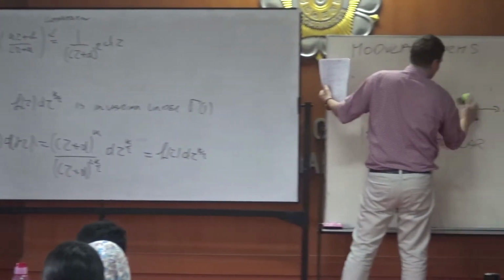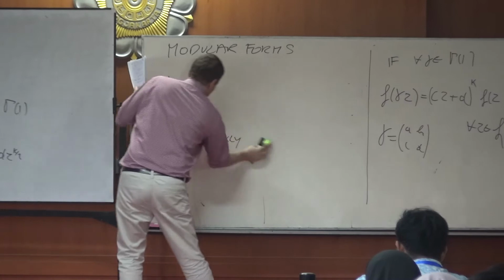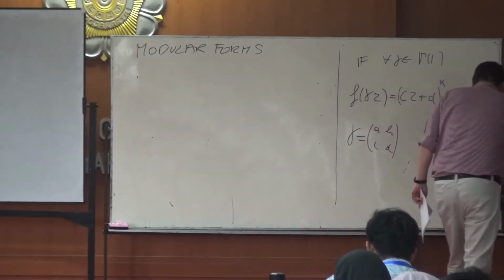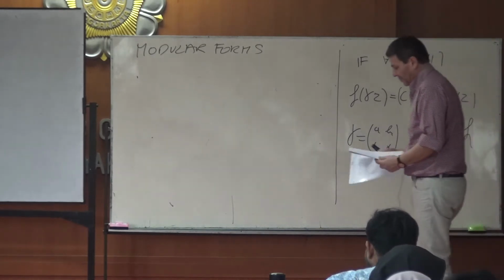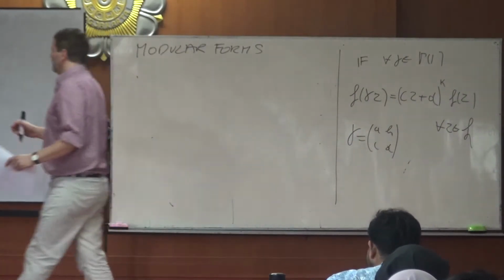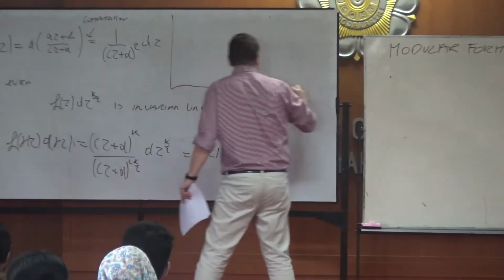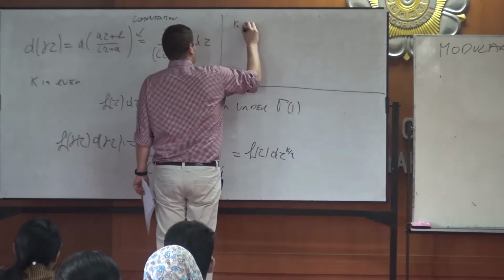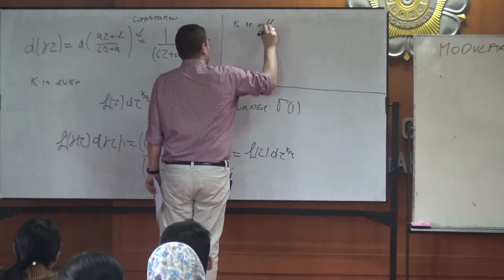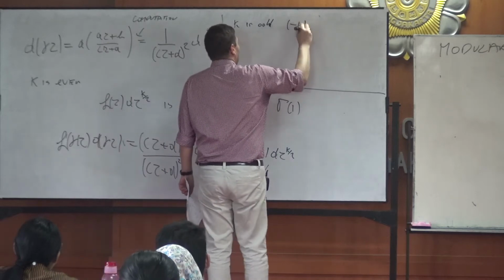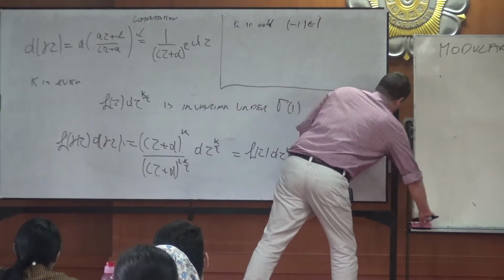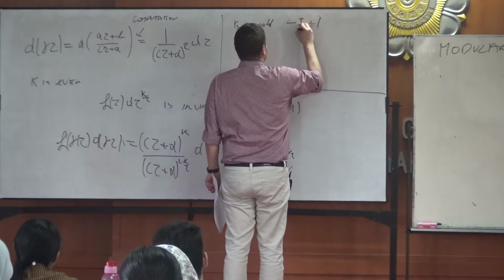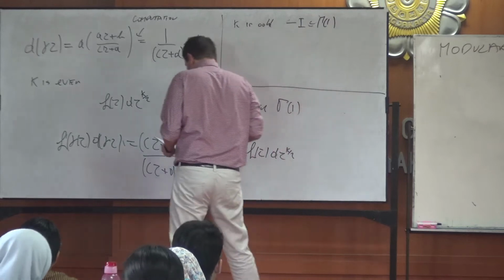Now we want to get to modular. So here I take k even, and you say, oh, what about k odd? Well, for k odd, there is not much to do, because since minus the identity is in gamma 1, what do you get?